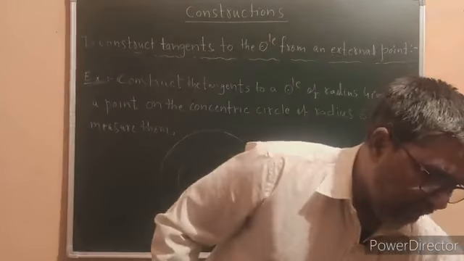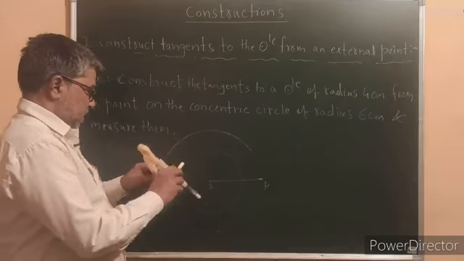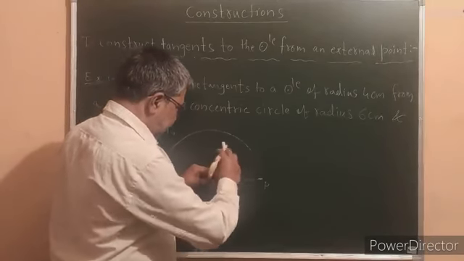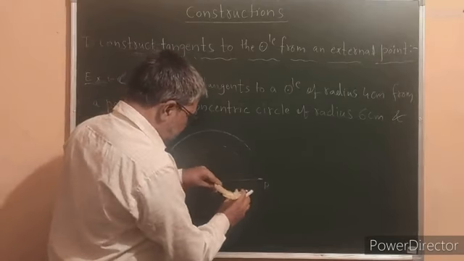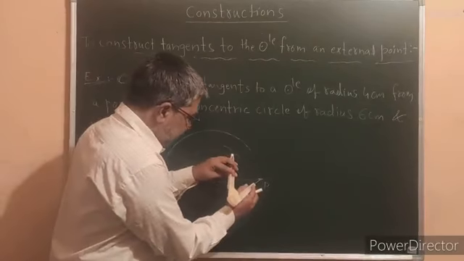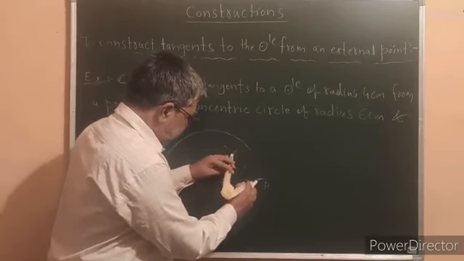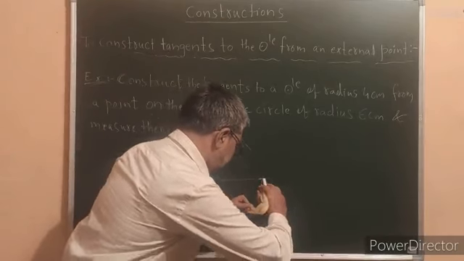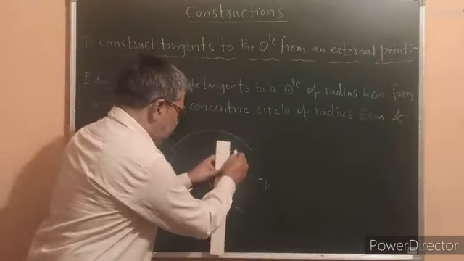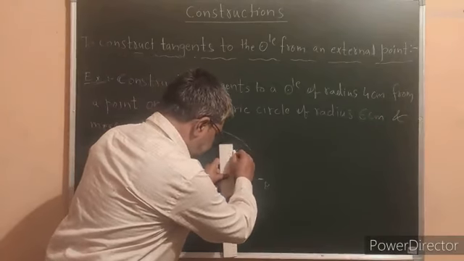Now as usual, taking more than half distance, assuming O as center, drawing 2 arcs on either side of the line segment, assuming P as the center, cutting the arcs to get 2 distinct points, joining these 2 points by means of straight line.